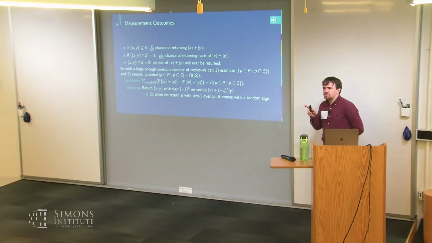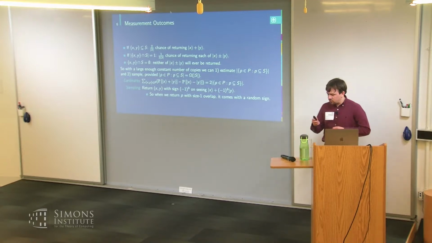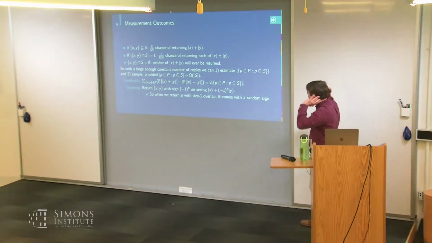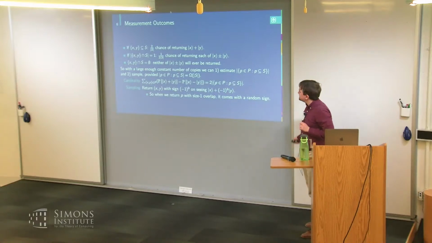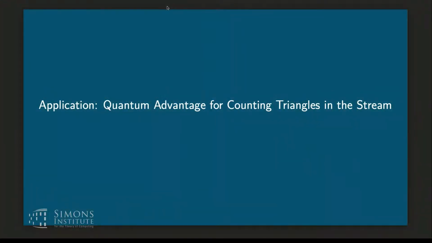Is there anything else? Okay. So that was how you construct the sets, the sketch. For the applications, I'm going to mostly think about this as a black box sketch, and we won't have to use the underlying quantum internals too much, although I will come back later to how you can make this sketch into something more useful for the stream.